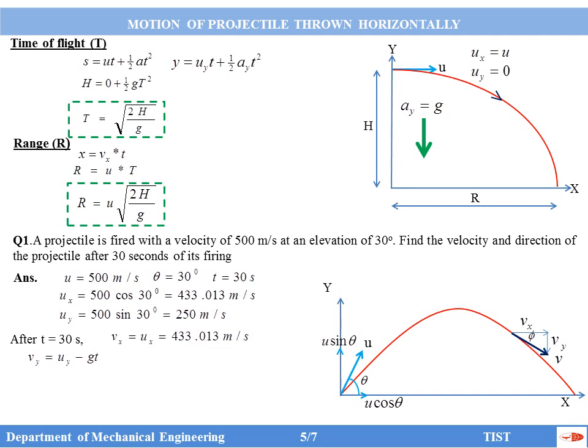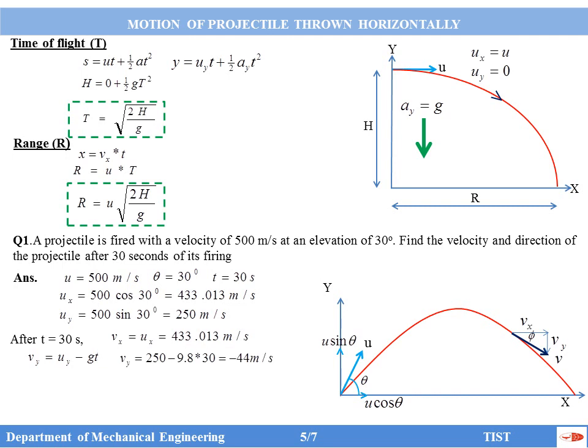So compared to the initial case, acceleration is in the downward direction, so minus g, right? So you should consider in this case g with respect to initial velocity. Okay, so vy is equal to uy minus gt. So uy you know, t is also known, g is also known, so you can find out vy.